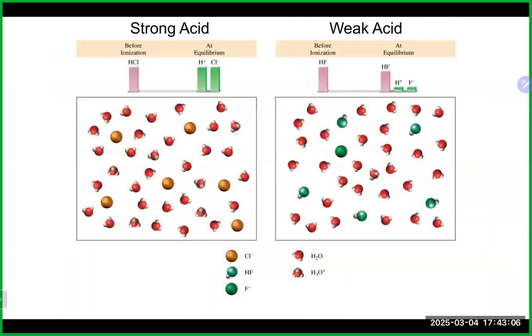Now, the deal is if we have a strong acid or a strong base, when they break apart, they're going to, again, 100% break apart into ions. So, for example, if we had hydrochloric acid, it breaks apart into basically H plus and Cl minus.